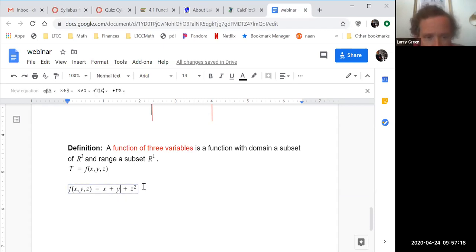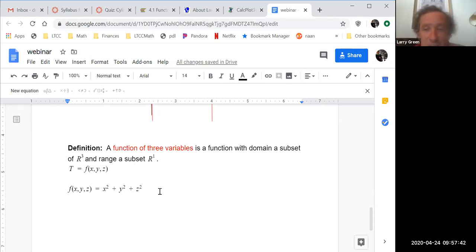Okay, it may look like this is harder, but that is going to be easier. How about x squared plus y squared plus z squared? How do you graph that? Any ideas? Okay, and the answer, this is hard.